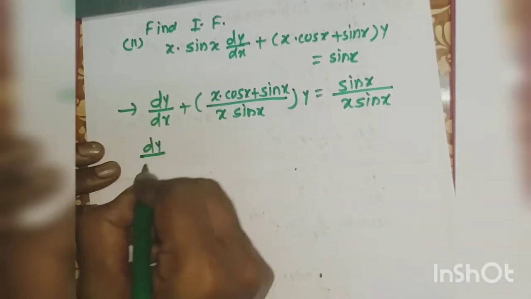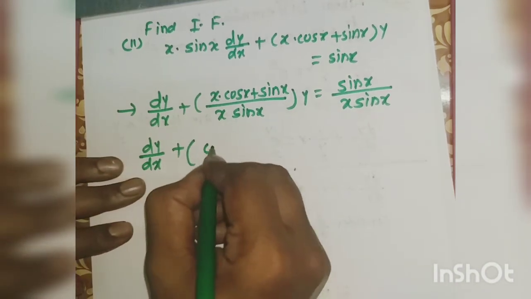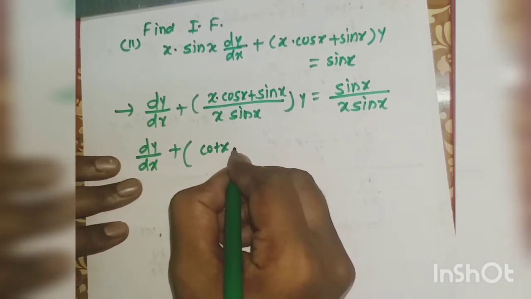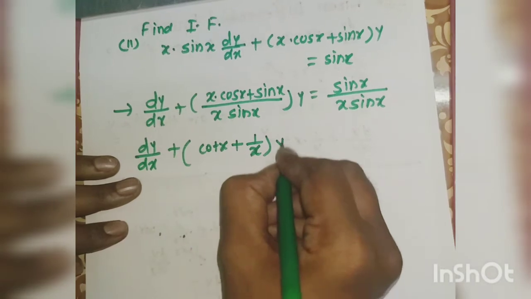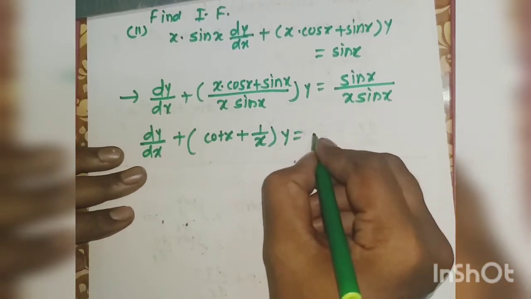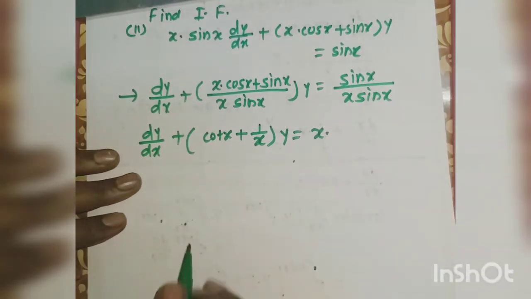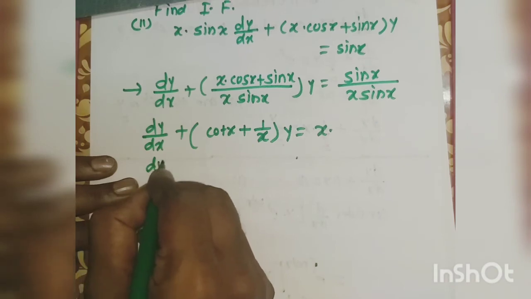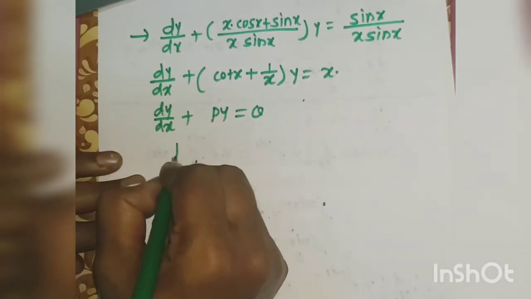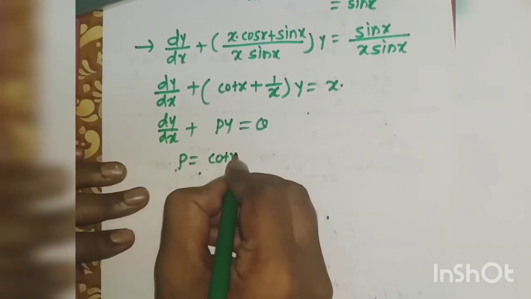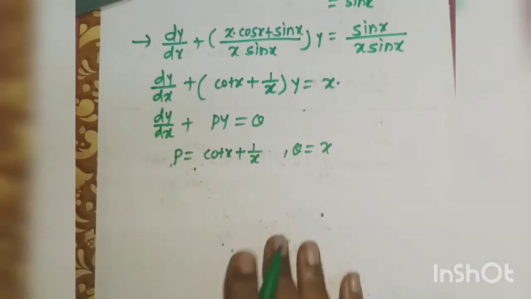Then dy by dx plus, its quotient is cot x plus 1 by x, into y is equal to sin x into sin cancel, that is x, sin cancel. Comparing this equation with dy by dx plus Py is equal to Q, here P is equal to cot x plus 1 by x and Q is equal to x.